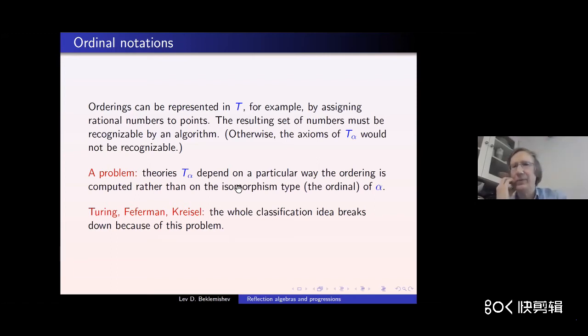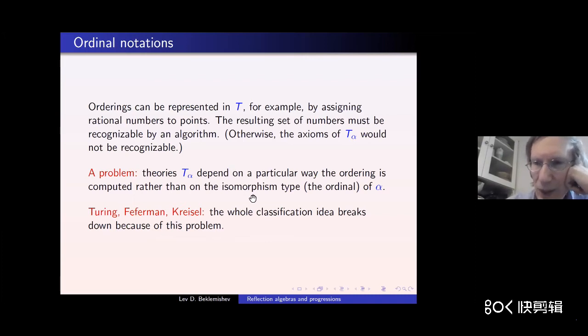Then, with any algorithm that decides whether a rational number is in ordinal notation or not, we can write out an arithmetical Sigma 1 formula representing it, and then use it in the construction of T alpha. So that's roughly how it works. There are other ways of doing it, but this one seems to be the simpler.